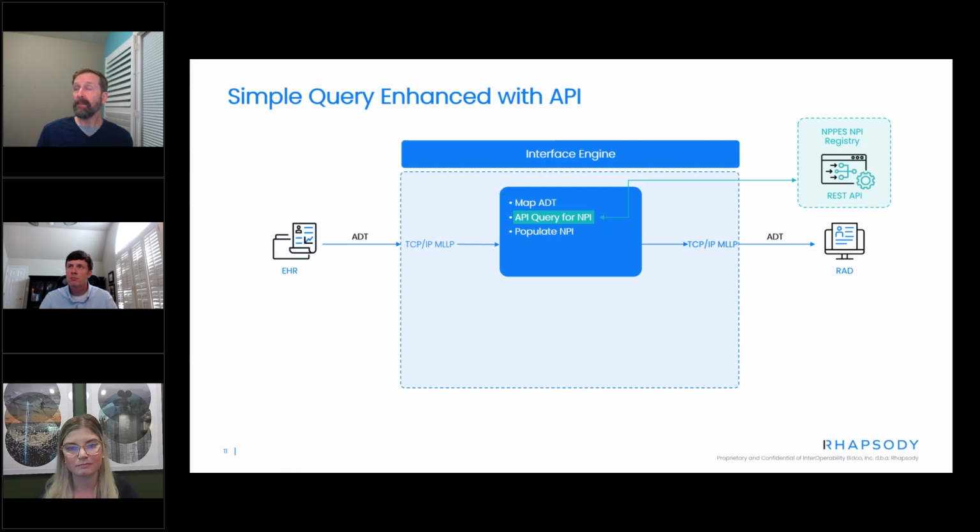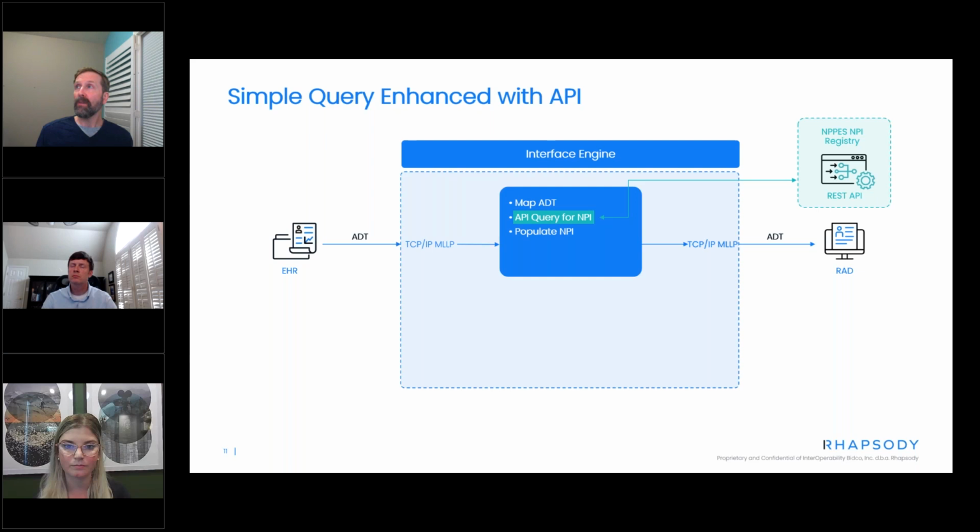The green line is our API query for the NPI, and the arrow is double-pointed so that we're sending a request, getting a response, and populating that NPI again in our outbound message. Now, this is great in that we are accessing the one source of truth in real time as we need it.